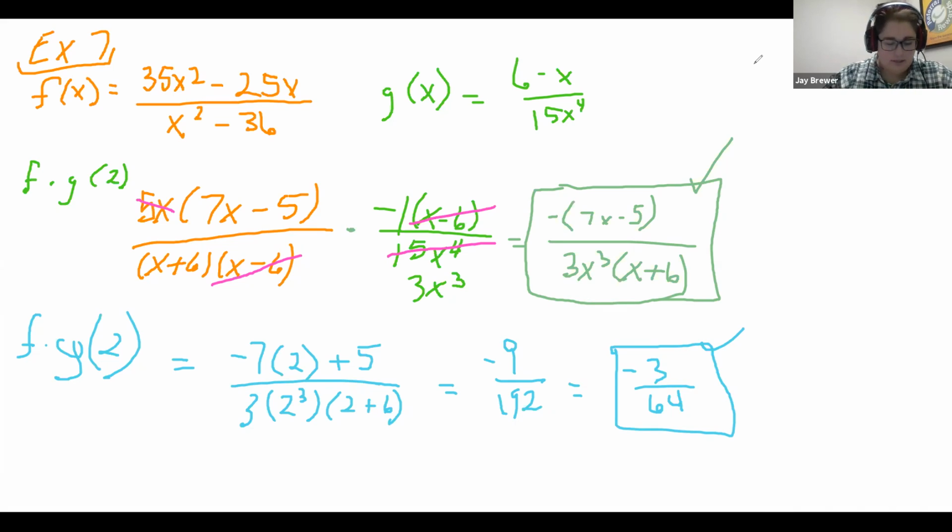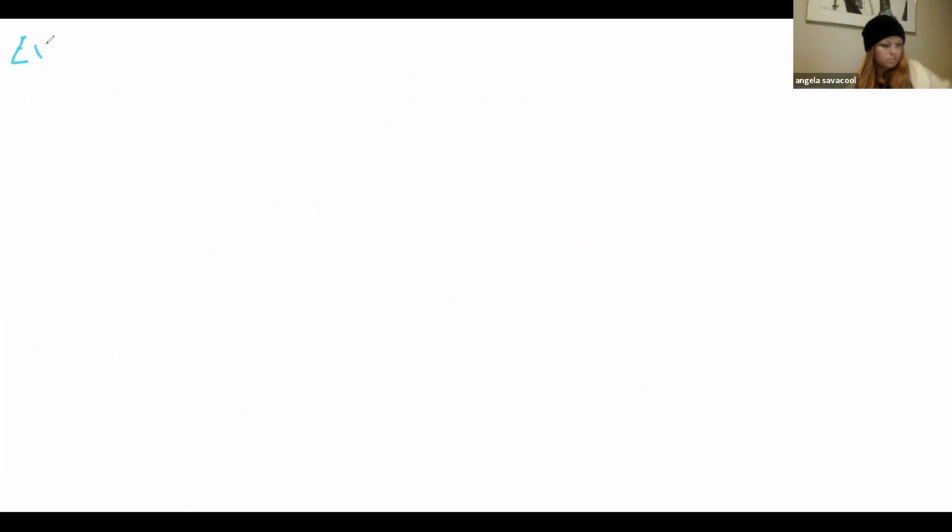The next thing we want to find is the quotient function. So it's pretty similar. What can you guys remember about fractions and quotients, though? I think we're almost done.